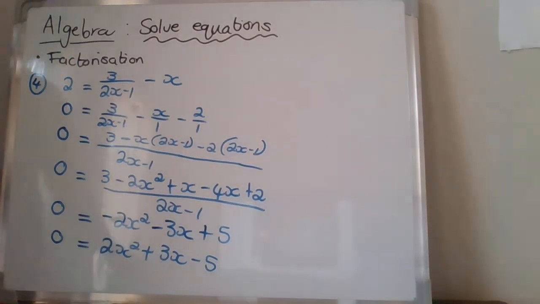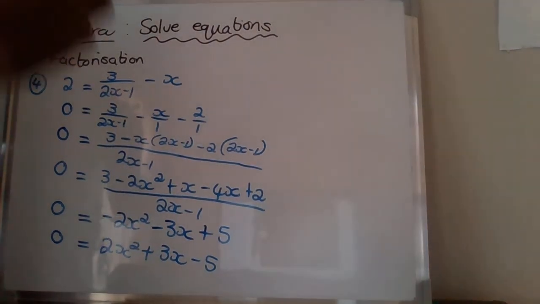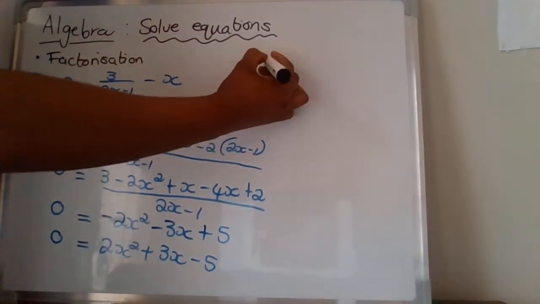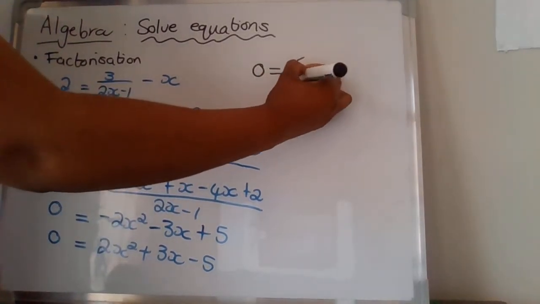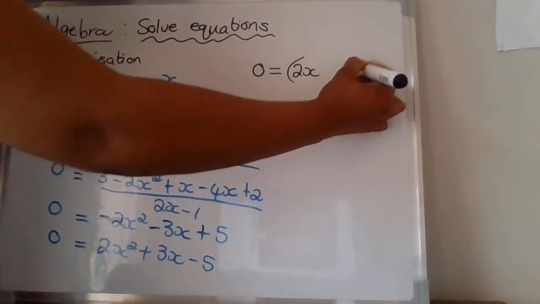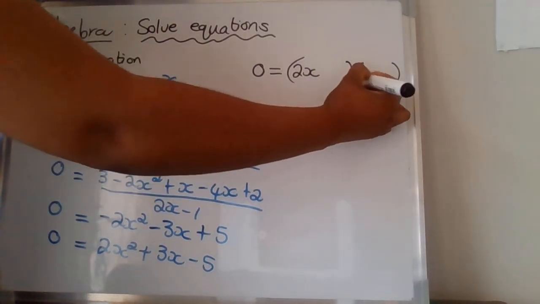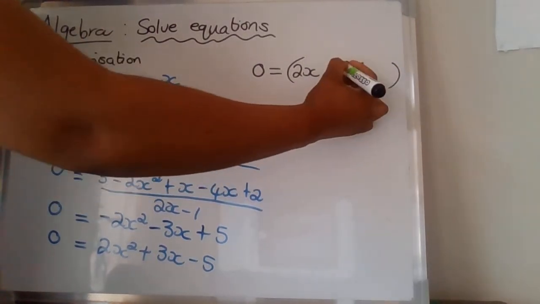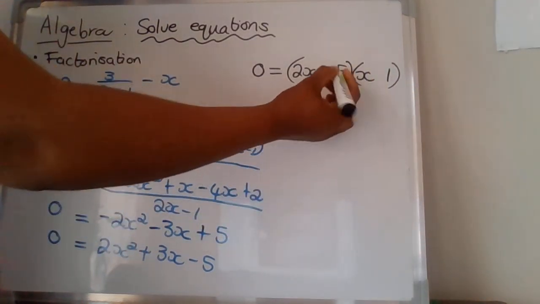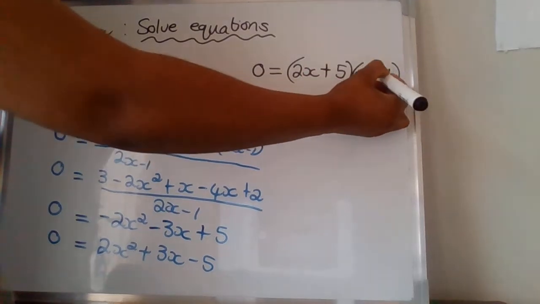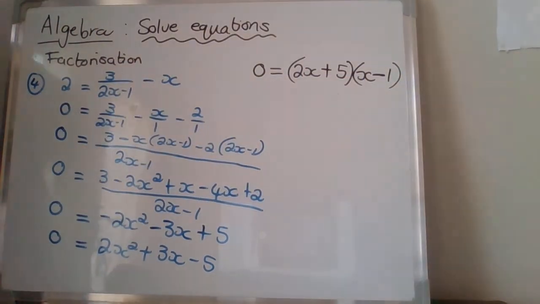Okay, so let me continue with the black now. From there, I'm able to factorize this to 2x times x on this side. Then I have my 5 here and my 1 there. So it must be positive here, and there it's negative.